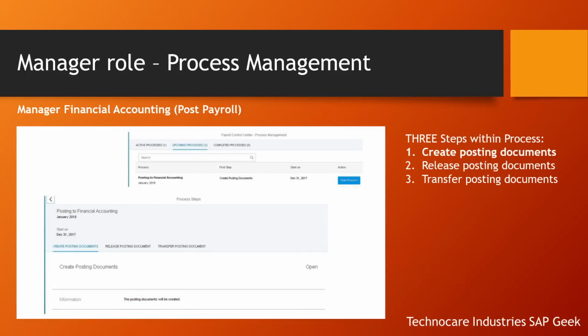Okay, so this posting to financial accounting is a three-step process: create posting documents, release posting documents, and transfer posting documents, right? This step is similar to running your CIPE program in the Employee Central Payroll system in the backend. The one thing you need to understand is that when the payroll manager completes this process, the FI posting of the documents will be completed in the ECP system.